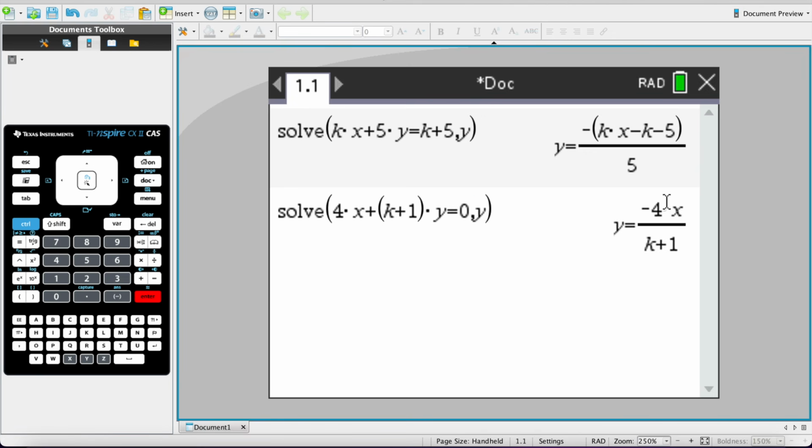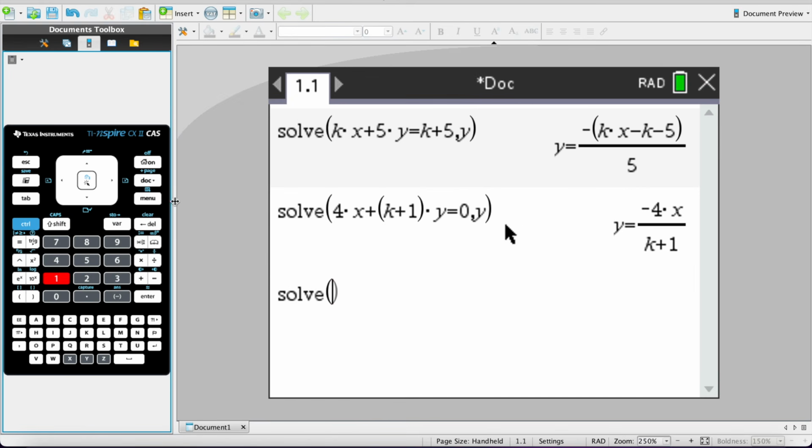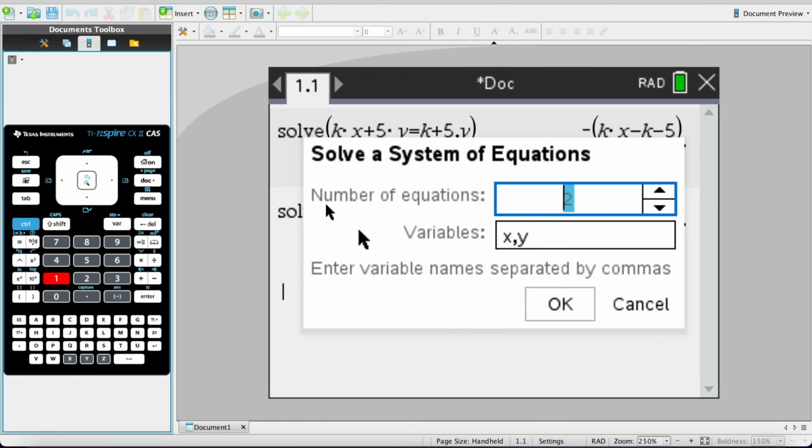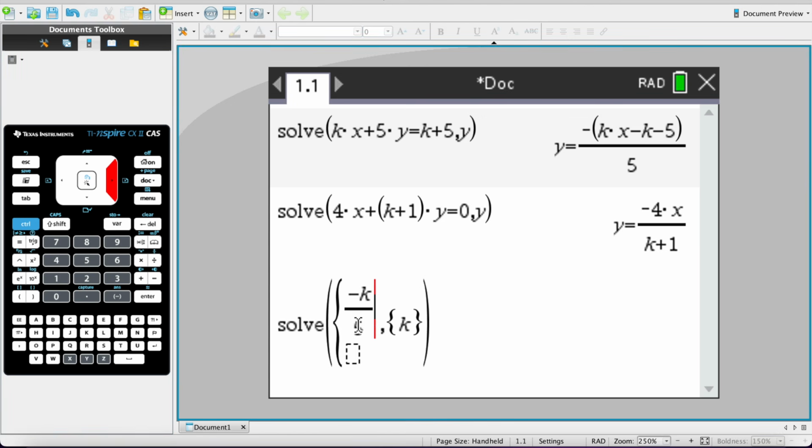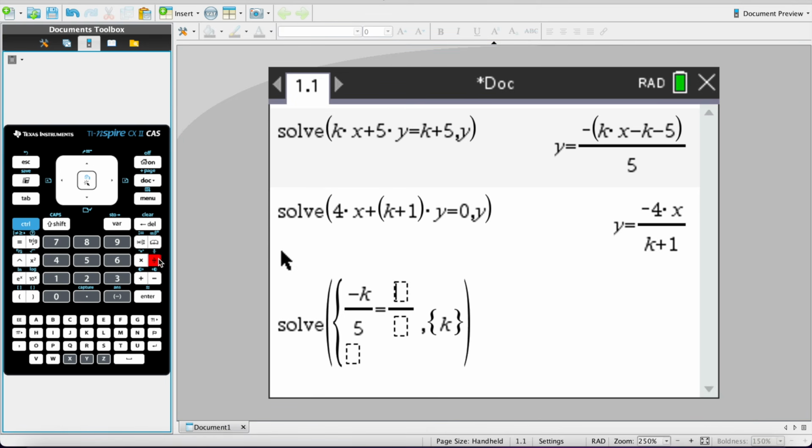So these are my two equations, and we want it to have infinitely many solutions. So for that, we just want the two lines to be exactly the same. So what we can do is a solve. We can do the simultaneous equations, menu 371, and we just have one variable but two equations, so we're solving for k. The first equation, negative k on 5, should be equal to the gradient of the second function, which is negative 4 on k plus 1.